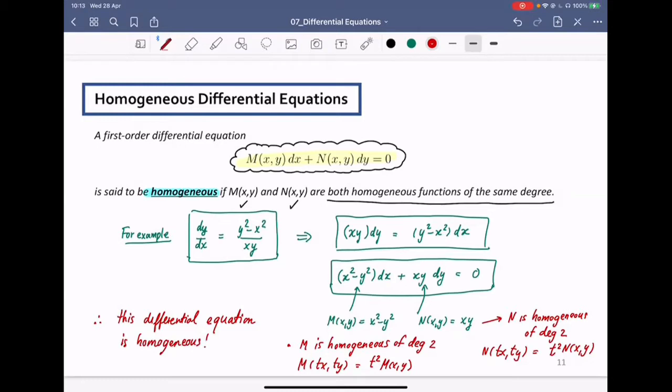Well, if you know that the differential equation is homogeneous, you can use the technique of substitution to solve it. We're going to talk about it in the next slide, but this is how to check. Before you use the homogeneous differential equation technique, you have to check first that the function is homogeneous. Sounds good? All right.